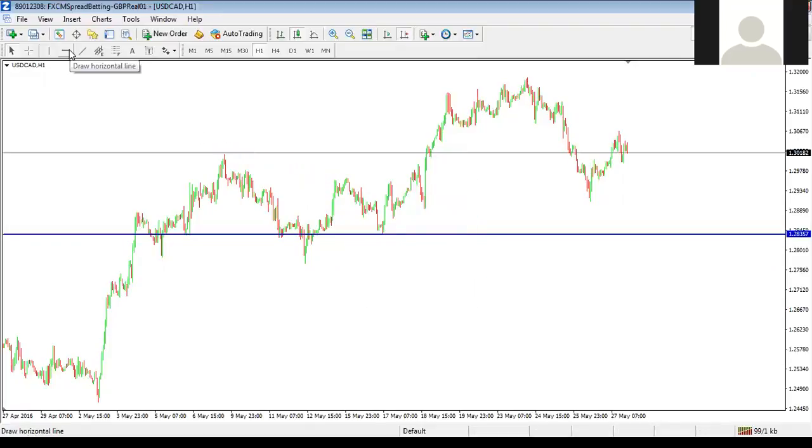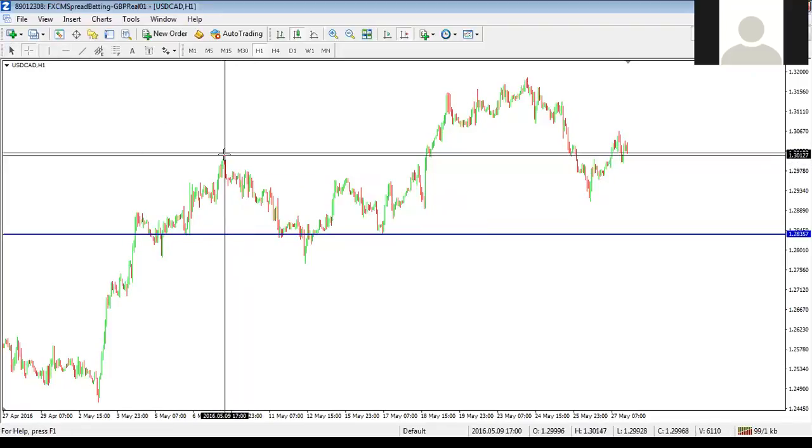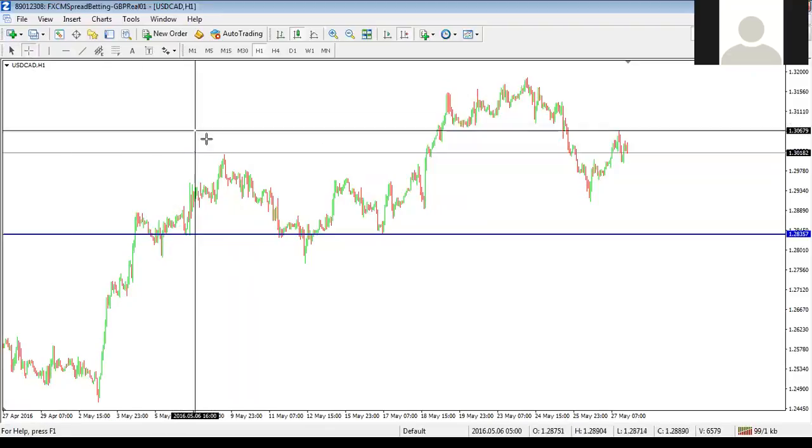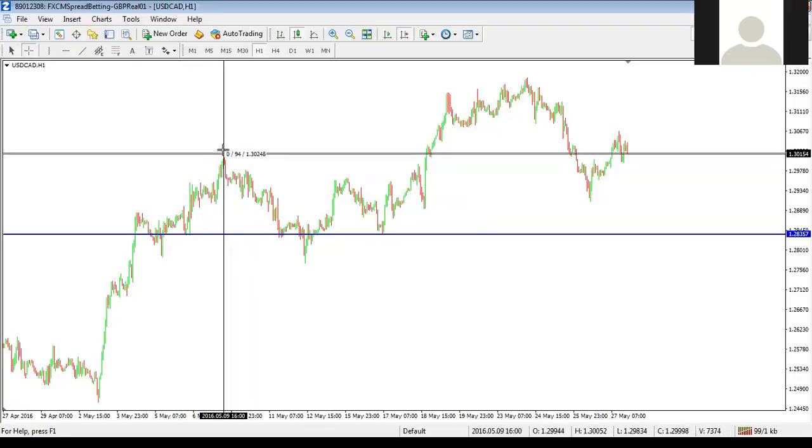If I was trading this, what I'd do personally is I'd measure about 10 pips. In case you don't know, in MT4, click this crosshair and you can drag it, and it tells you what these numbers mean. The left number is how many candles you're going across, so 6, 7, 8, 9, how many candle periods are in that zone.